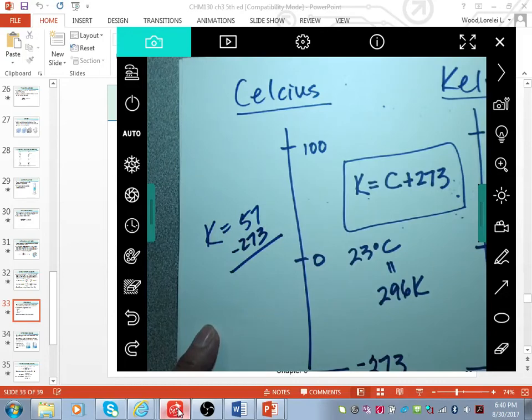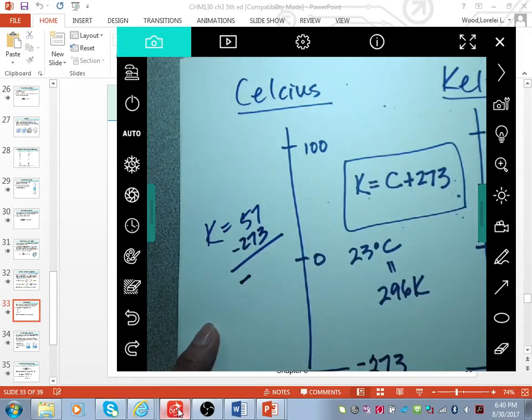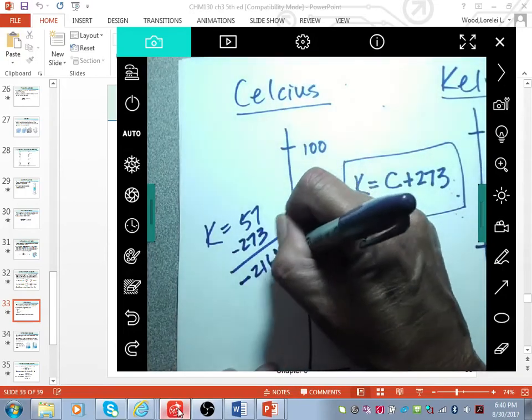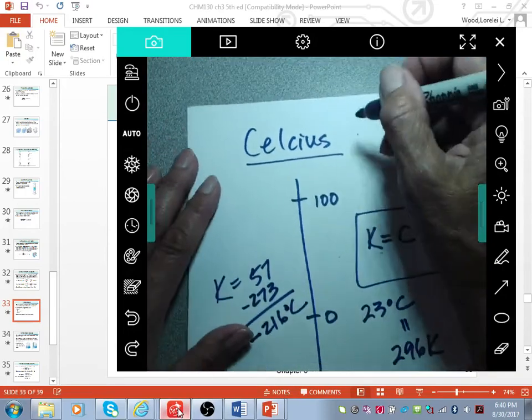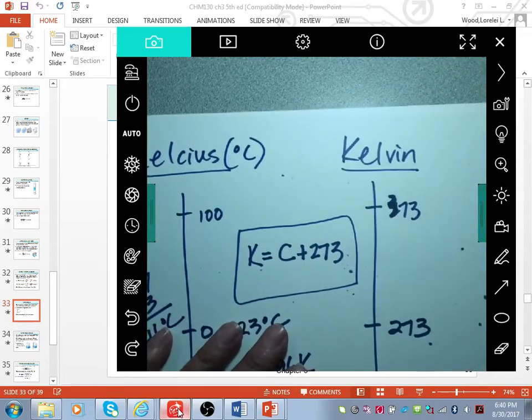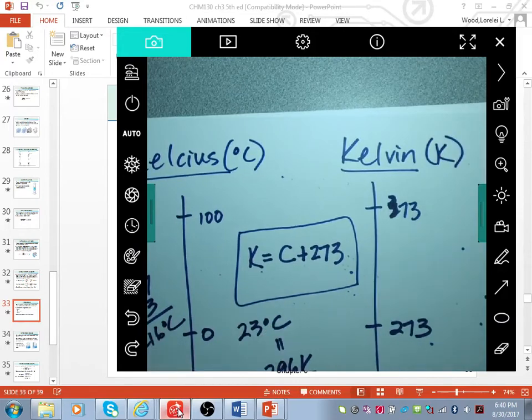Well, I'd have to subtract 273, so my number's going to come out to be something negative, right? Negative 216. All right, so it would be negative 216 degrees Celsius. And when we signify Celsius degrees, we put a little degree mark and a capital C. When you signify Kelvin, you just put plain old capital K.